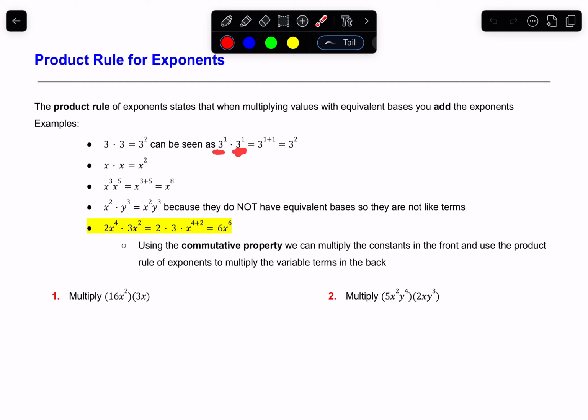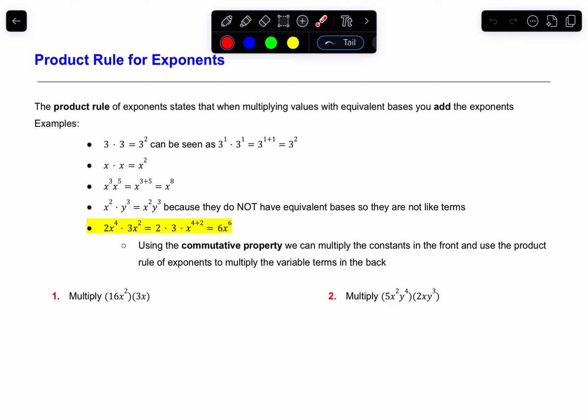We normally just don't write that 1. So when we multiply 3 to the 1 times 3 to the 1, we get 3 to the 1 plus 1, where we add the two ones together, and that just equals 3 to the power 2, which we know is 3 squared. If we do x times x, that's x squared, because it's x to the 1 times x to the 1, we add the two ones.